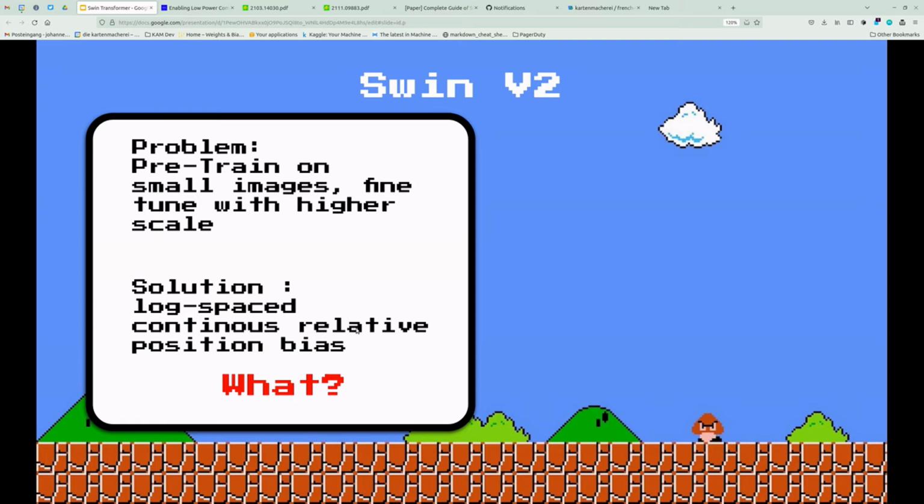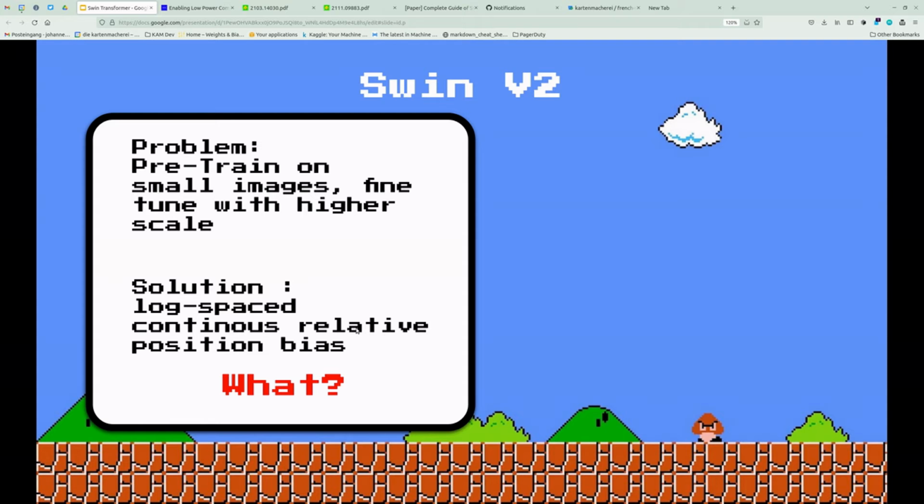The next problem was that they wanted to pre-train on small images and then fine-tune at a higher scale. It's again about feasibility and ease of training, because for big pre-training, where you need the most images, it would be quite handy to train on small images and then just do a fine-tuning with a smaller set of high resolution images.